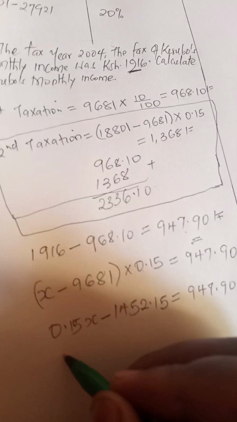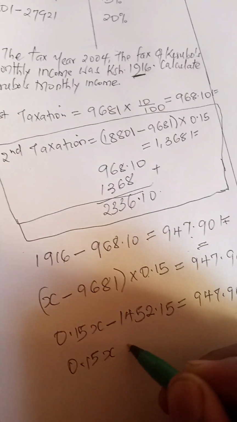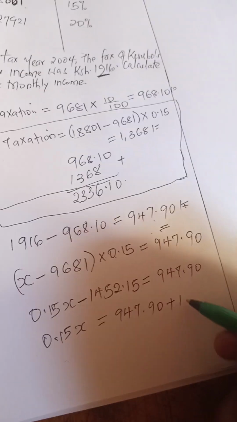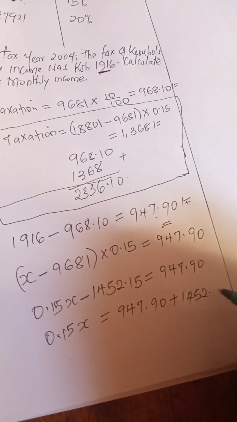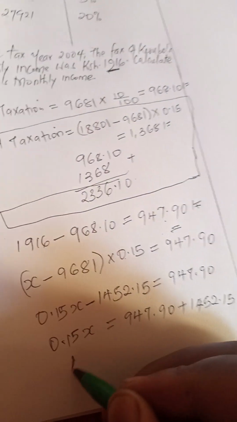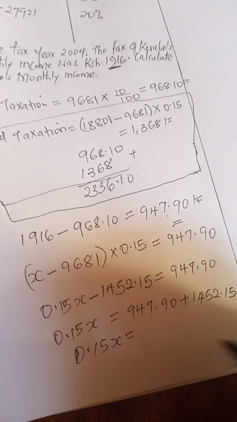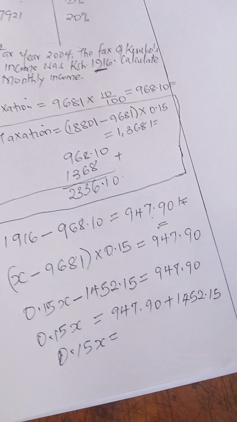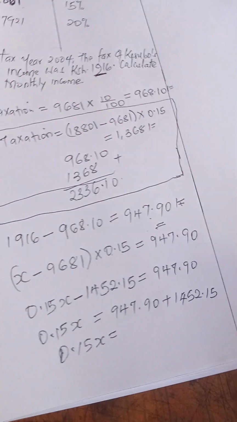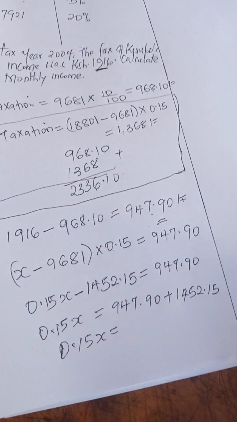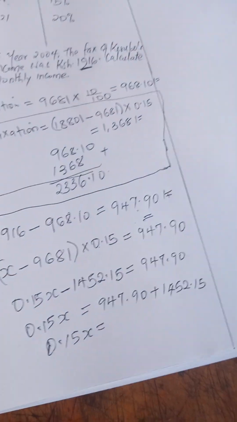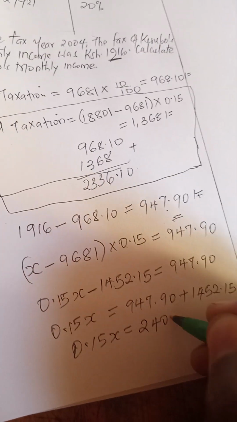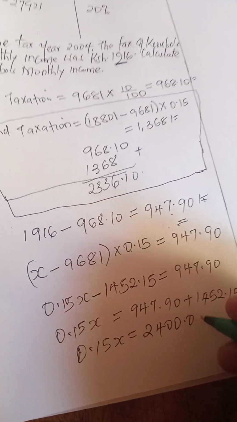So we find the value of x. 0.15x will be equal to 947 and 90 cents plus 1,452 and 15 cents. We get 2,400 and 5 cents.